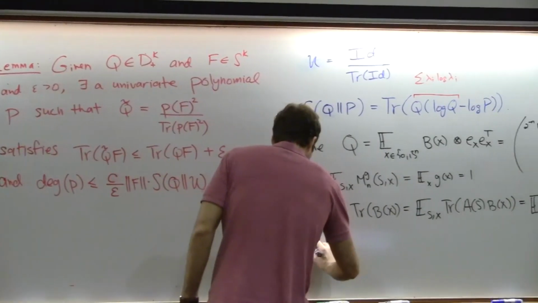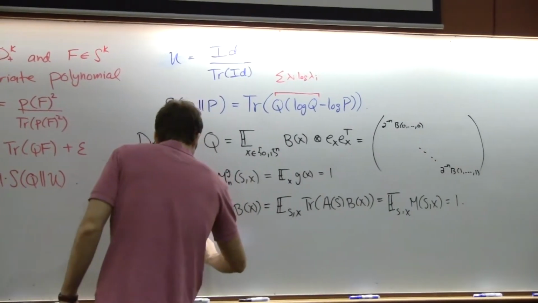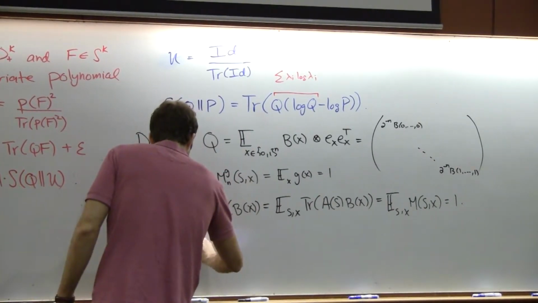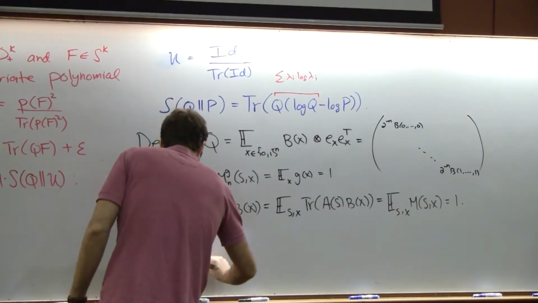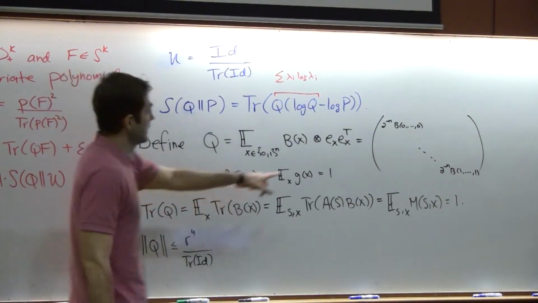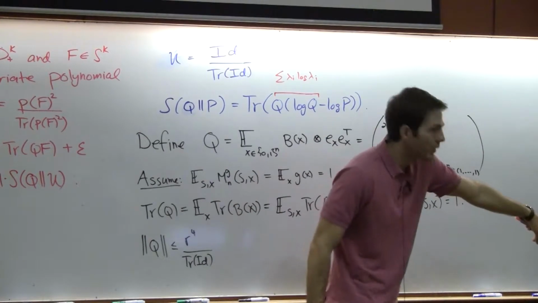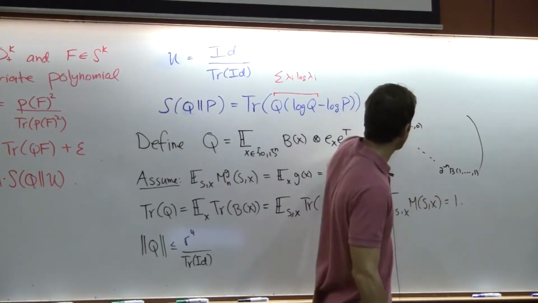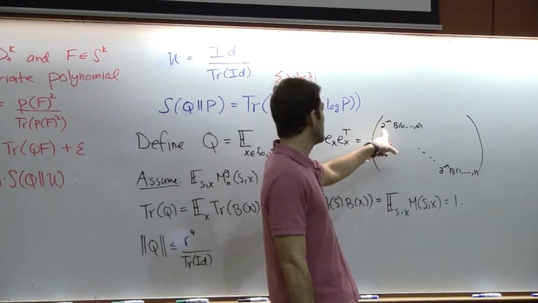So my claim is the operator norm of q is at most r to the 4th divided by the trace of the identity. Why? Well, the maximum eigenvalue of any b is r to the 4th over the trace of the identity in whatever dimension we were in, and here we divide by the new dimension.